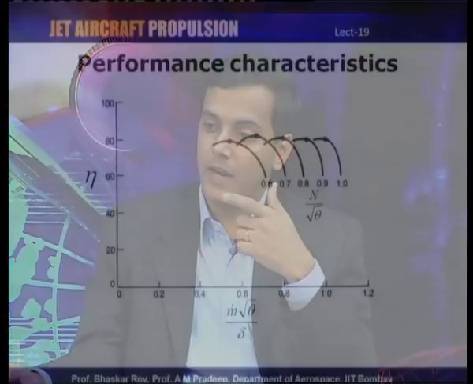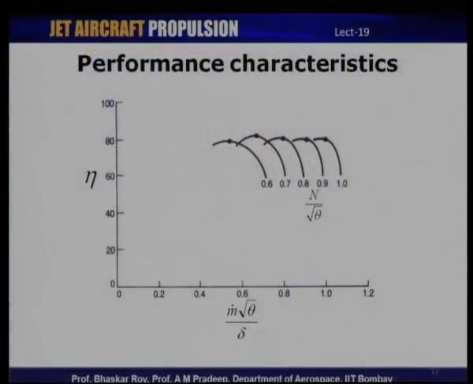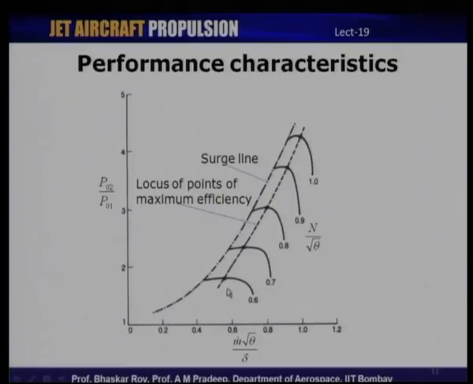So, the other characteristic which we are also interested in is the efficiency versus mass flow rate for different speeds, and we can again see that these efficiency points, those which have been indicated here, are those lines which have been joined as the locus of points of maximum efficiency.